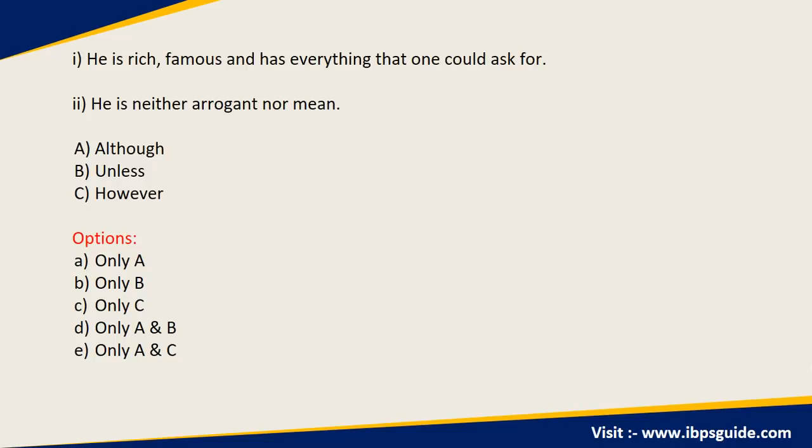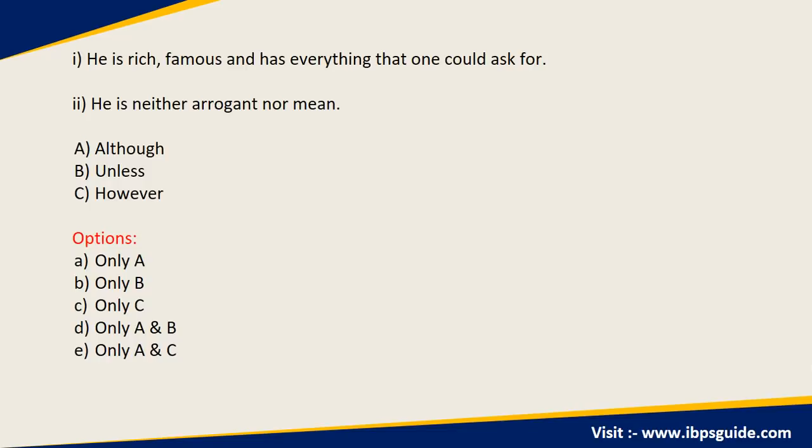So you can say, although he is rich, famous, and has everything that one could ask for, he is neither arrogant nor rude. Or you can also say it like this. You can say, he is rich, famous, and has everything one could ask for, although he is neither arrogant nor rude. So however you put it, this word still fits the two sentences. Therefore, option A is correct.